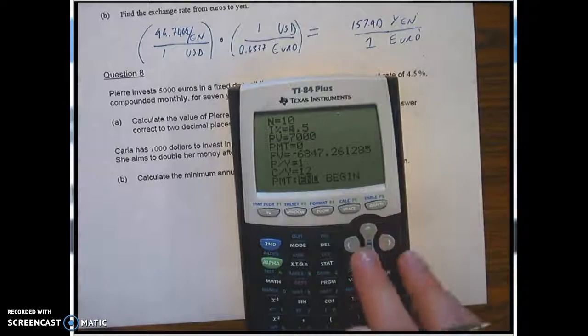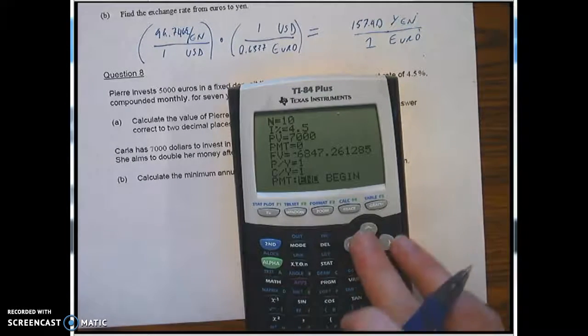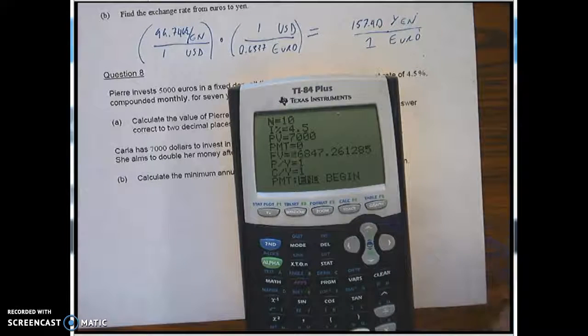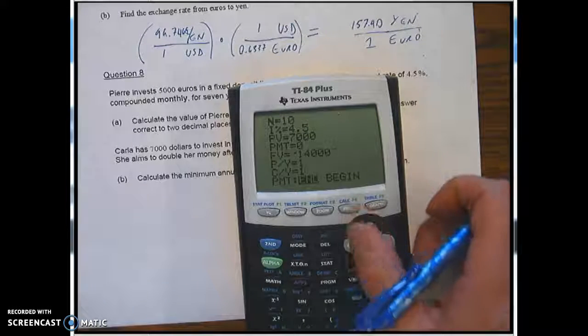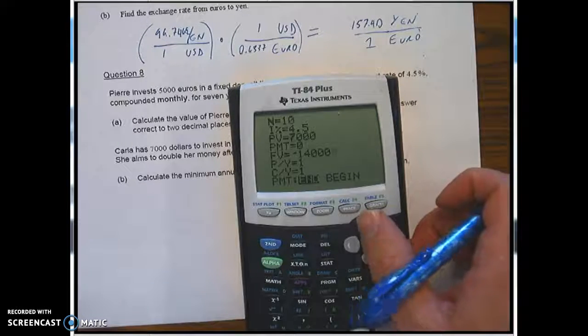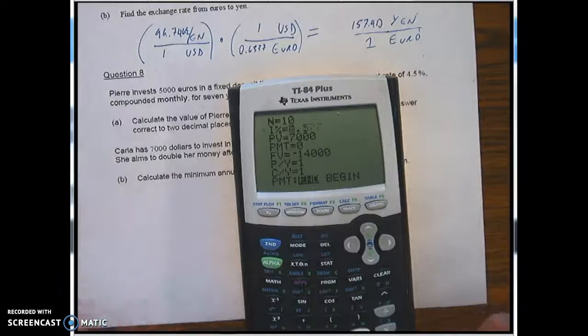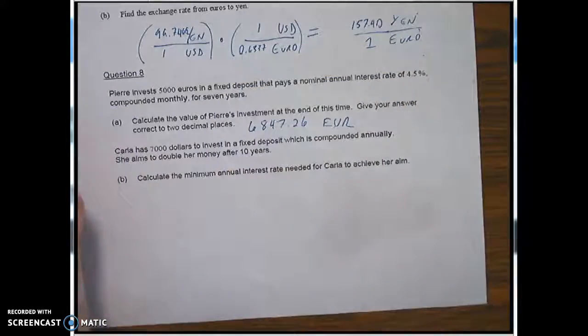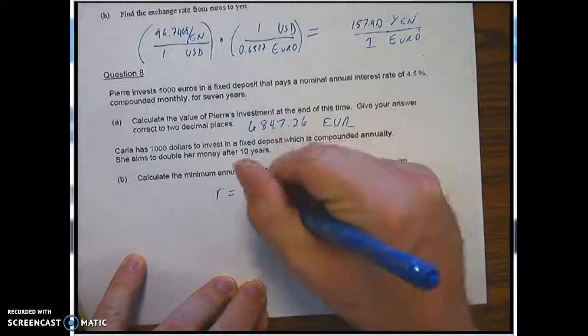It's compounded annually, so let me change the compounds per year to 1. Trying to double it, 7,000 doubled is 14,000, which you need to enter as a negative. And I want to know the minimum interest rate, so I'm going to go up to the I% and do alpha enter. She's got to get at least 7.18% to achieve her aim.